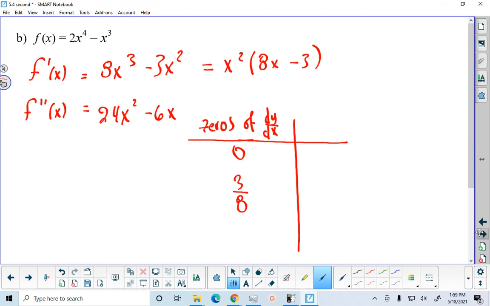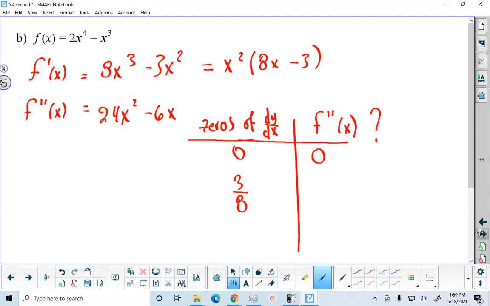And then the second column is simply whether the second derivative at those points is positive or negative. So we put in 0 for x in the second derivative, and we get 0. Okay, just a second here.